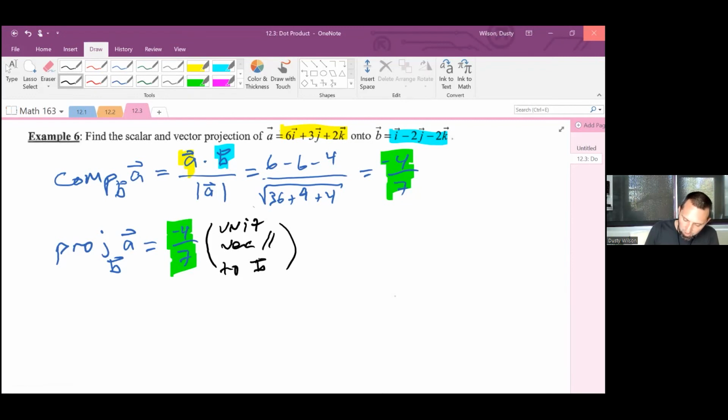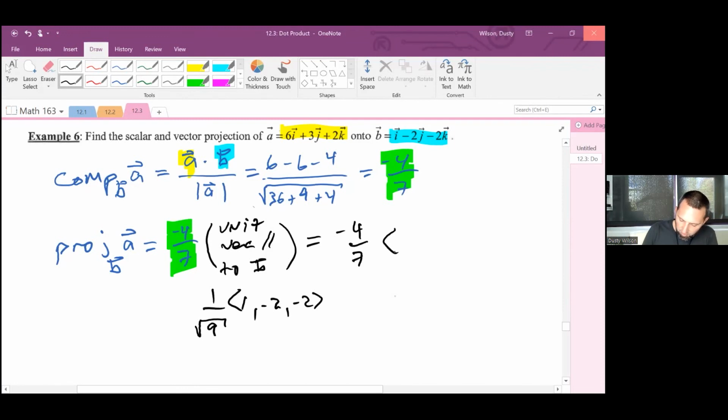Well, it would be B, which is 1, negative 2, negative 2, times 1 over the magnitude of B, which would be the square root of 1 squared plus 2 squared plus 2 squared, or 9. So this looks like it will be negative 4 over 7 times 1/3, negative 2/3, negative 2/3.